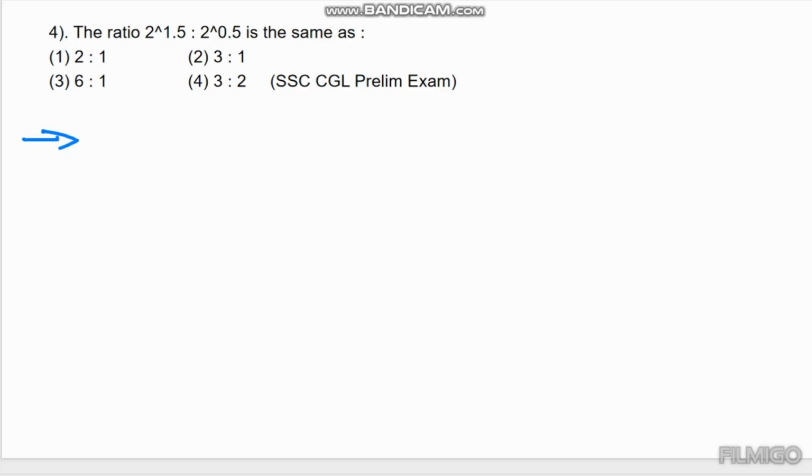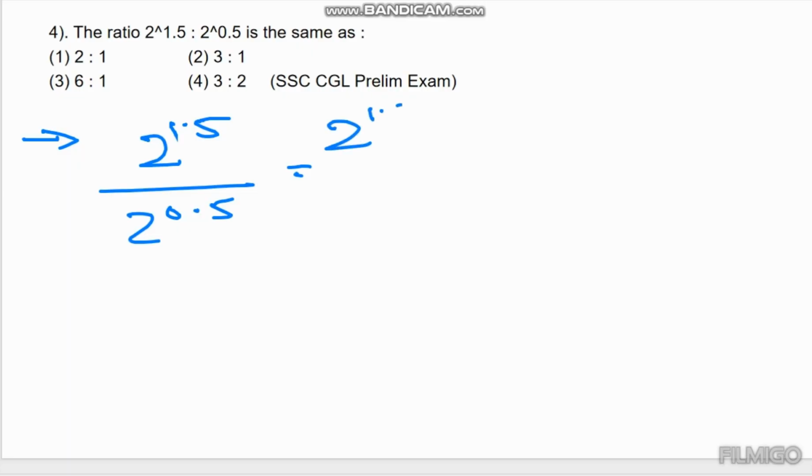Listen guys, this is an easy and another important question which is used to make us confused. So given here 2 power 1.5 by 2 power 0.5 equal to 2 power 1.5 minus 0.5 by 1.